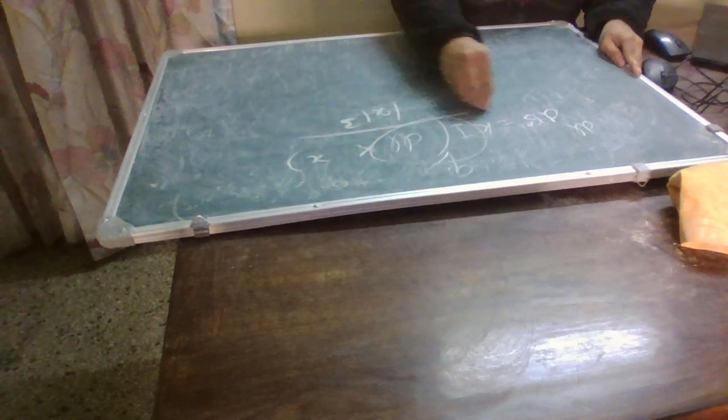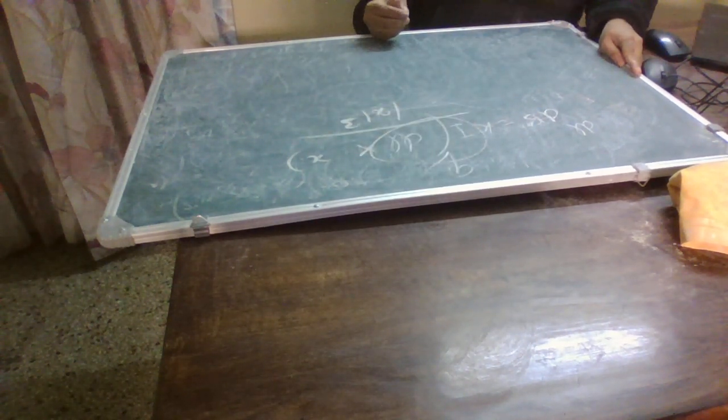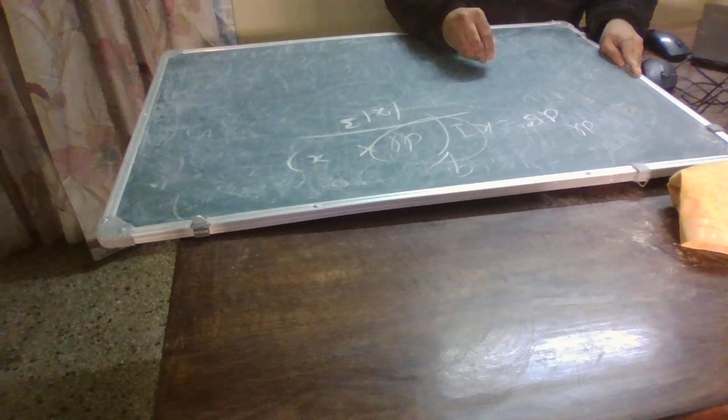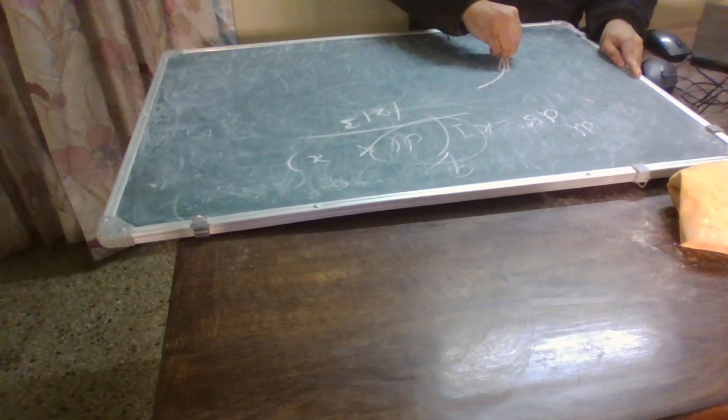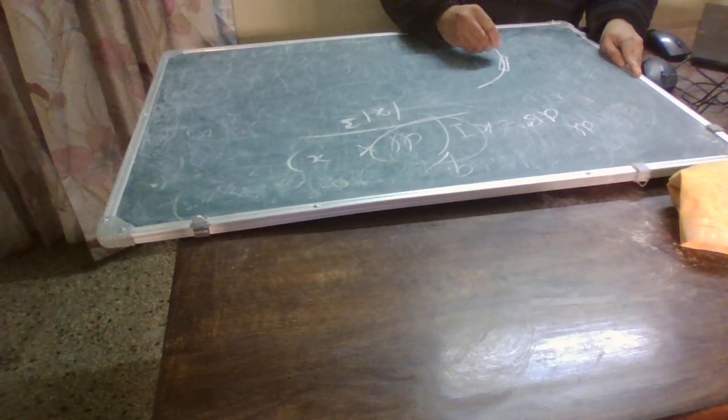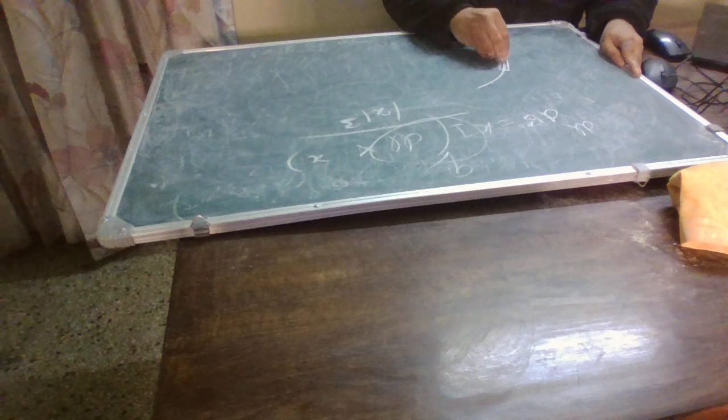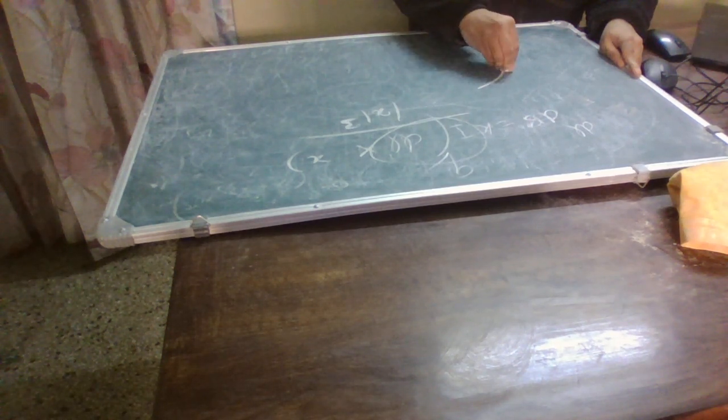This is what is mentioned in the textbooks, not established by me. Though I mentioned that it is basically an analog, like an inverse square law. It means that if I am going to have an element of induction dB, we have this small dl here, an element of length we are taking.